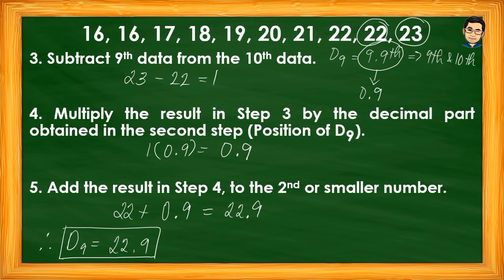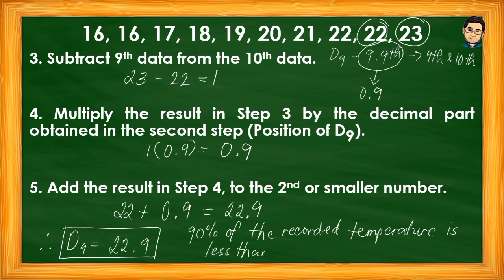Now, how are we going to interpret the value of D sub 9? So, that is 90% of the recorded temperature is less than or equal to 22.9 degrees Celsius.